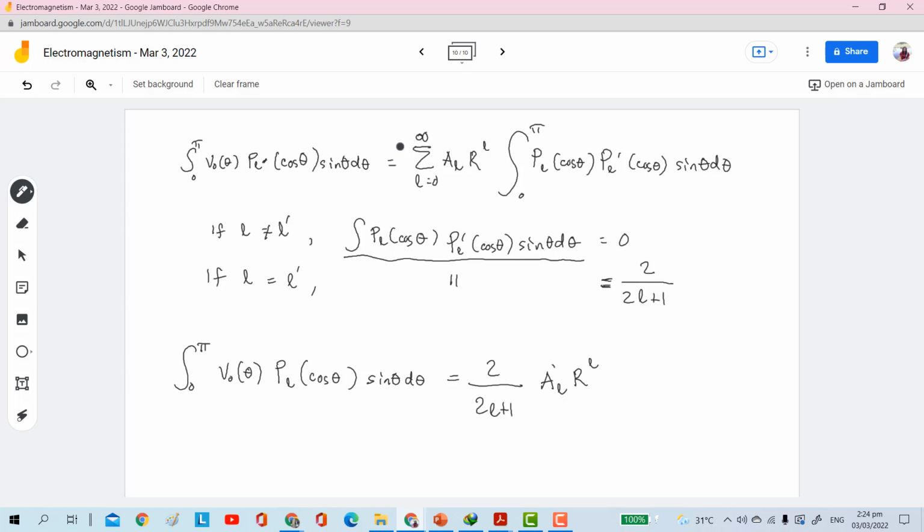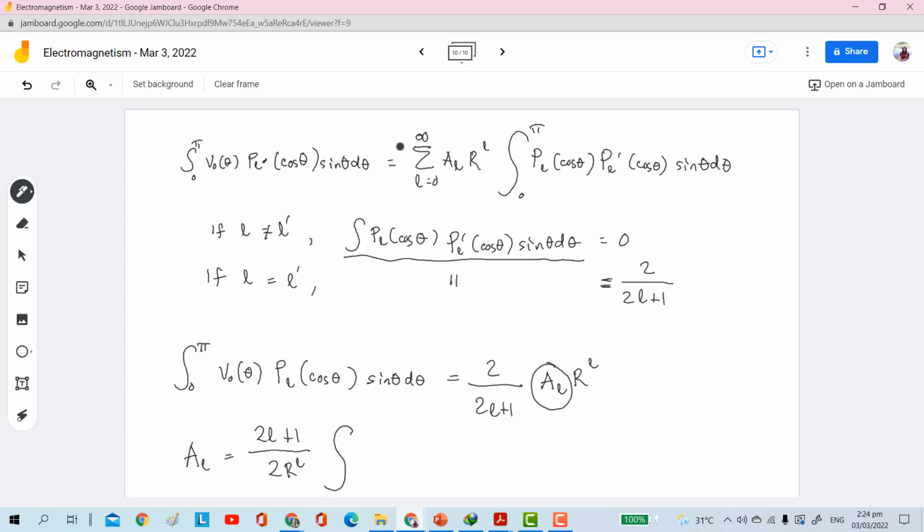So, the goal is to find this one. As we can see, your A sub L is equal to 2L plus 1 over 2 R to the L, and then you have this integral.